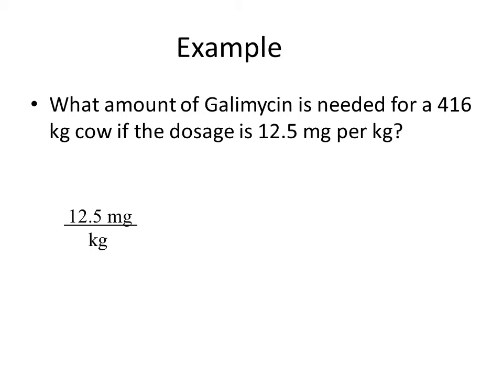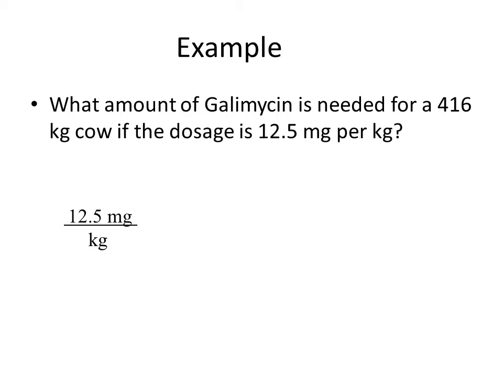In this example problem, I need to determine the dosage, or the amount, of gallamycin that I need to give to this size cow. In dosage problems, you always want to start with your dosage, so I'm putting 12.5 milligrams over kilogram at the beginning of my math. Now, in order to figure out how much to give this size cow, I need to eliminate the per kilogram in my dosage.